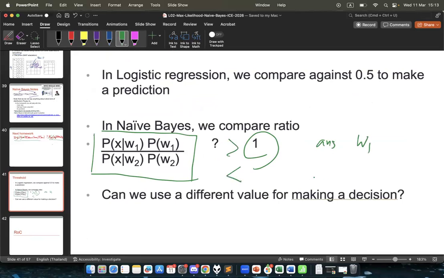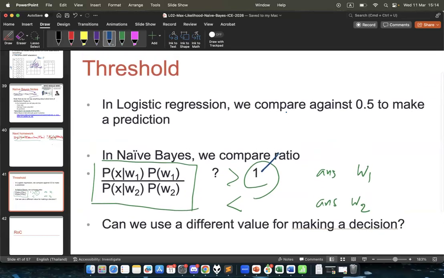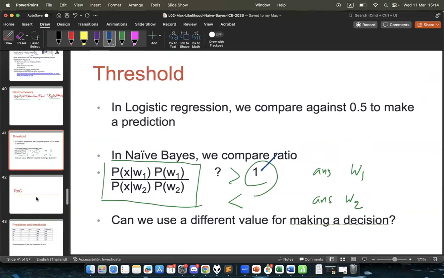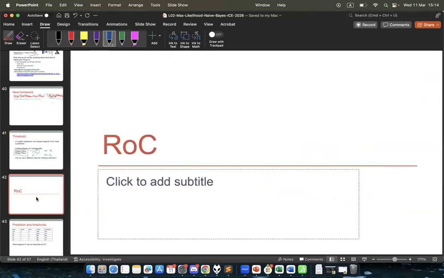If it's lower than 1, we answer W2. Can we use a different ratio, a different threshold for prediction? So this is about threshold setting. How do we set thresholds? So let's discuss this concept called ROC.